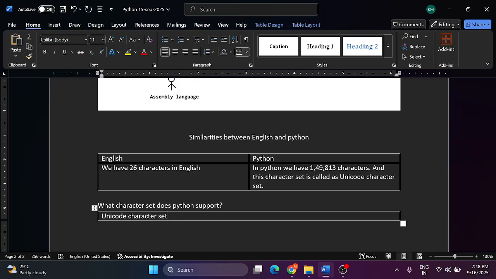It contains 1,49,813 characters. That's what I said now. So many characters, right?